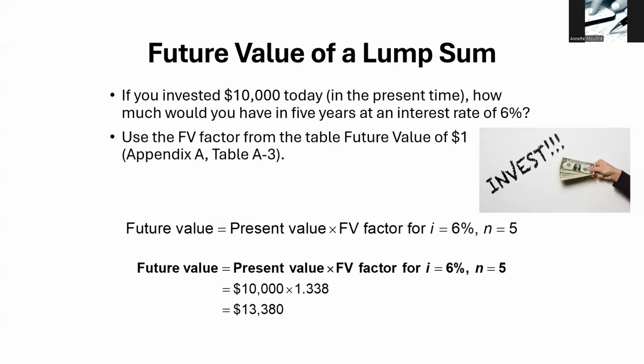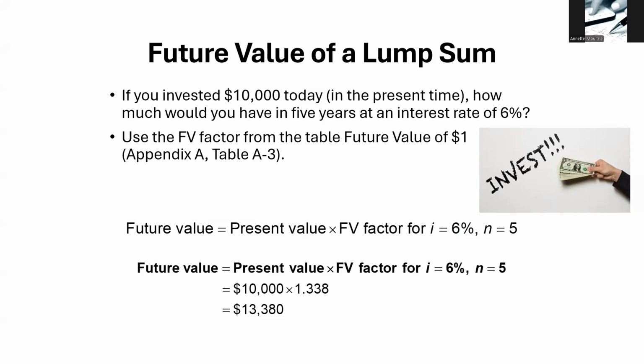Future value of a lump sum. So we determined the future value factor from the table labeled future value of $1. Again, that's at the end of the textbook. We use this table for lump sum amounts.